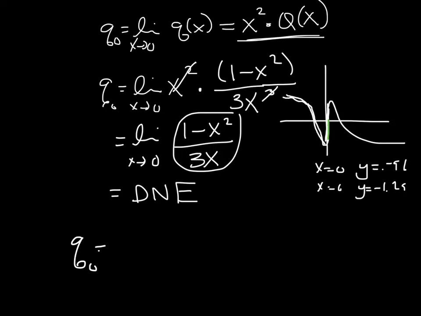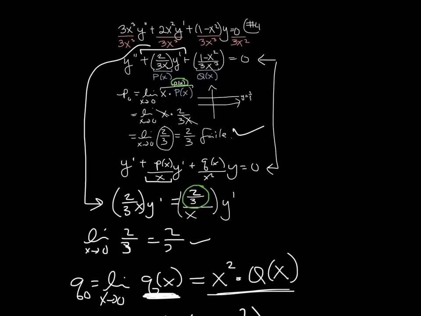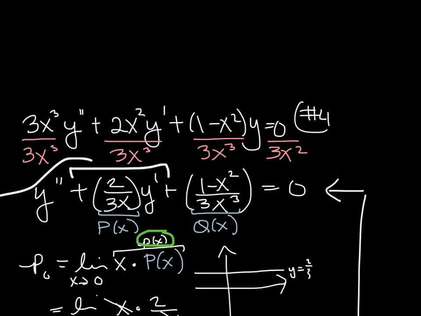Q naught, we also know is the limit of Q of x. Let me go ahead and write that again. The limit as x approaches 0 of Q of x. So instead of writing this guy, what is our actual Q of x? We go back to our big Q of x, and let me move this down a little.